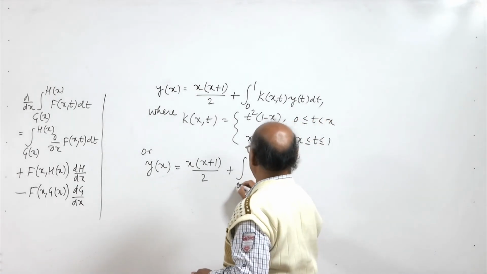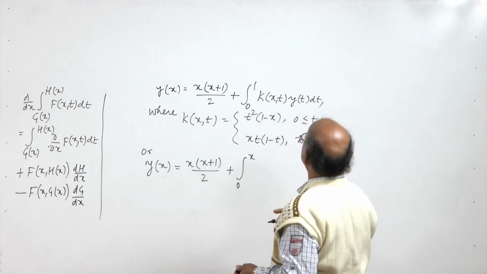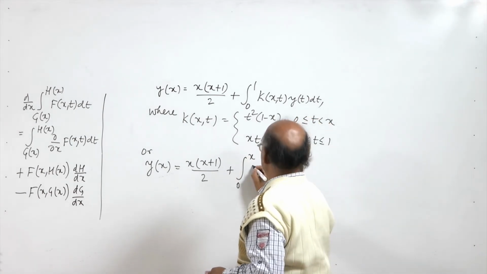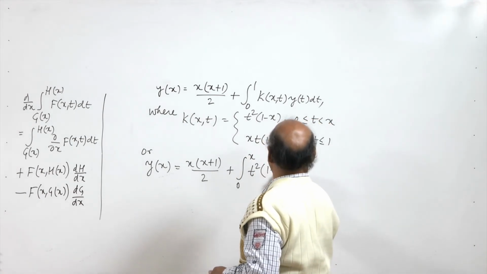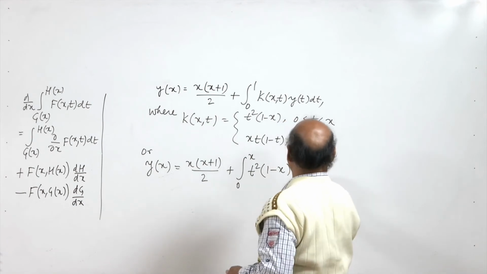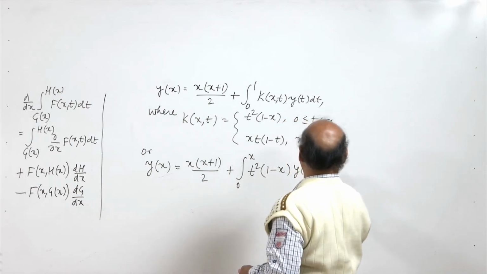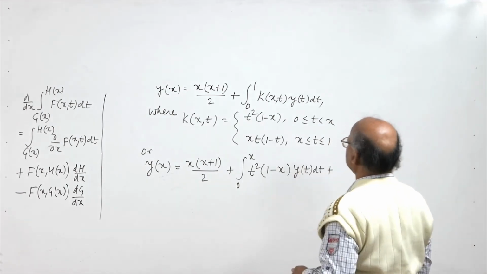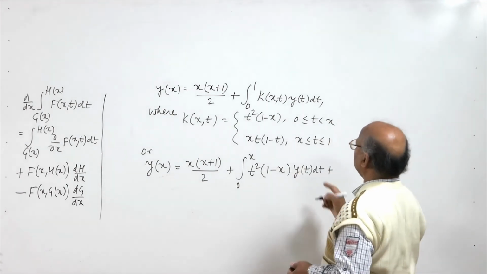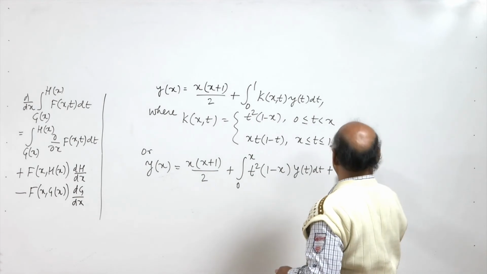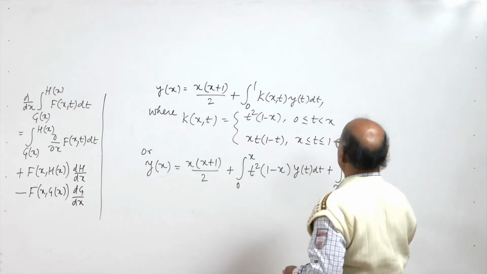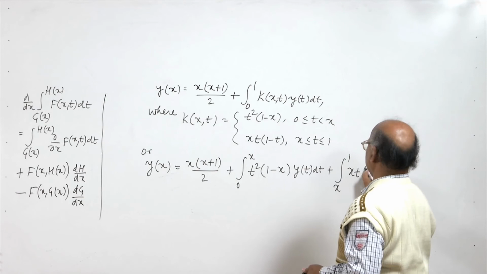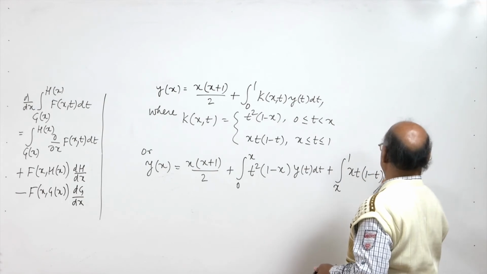Over the interval 0 to x, the value of K(x,t) is t square into (1 minus x) into y(t) dt, plus the integral over the interval x to 1, where the value of K(x,t) is x t into (1 minus t), x to 1 of x t into (1 minus t) into y(t) dt.